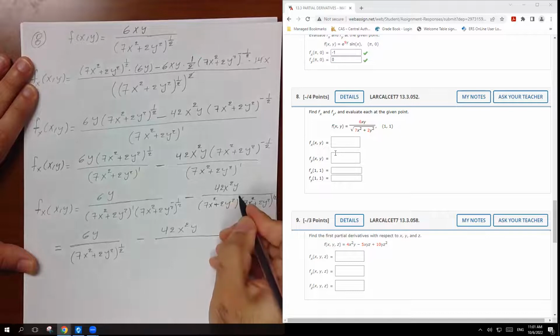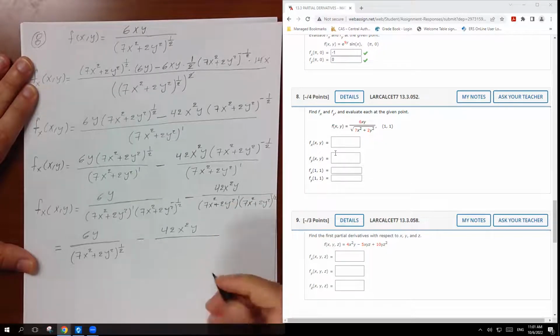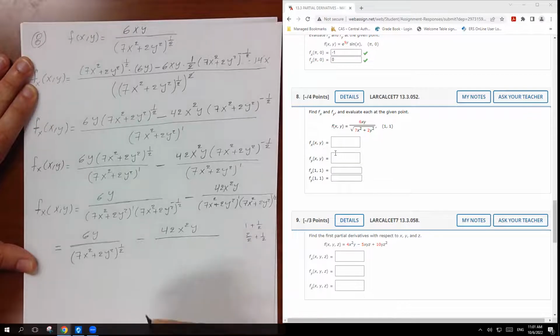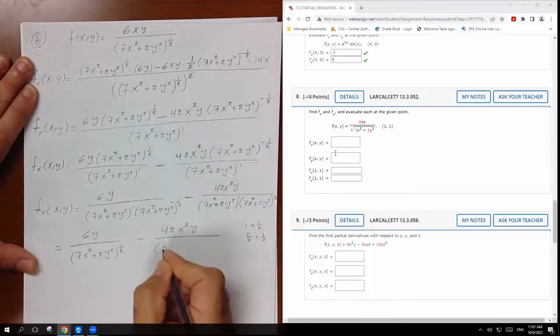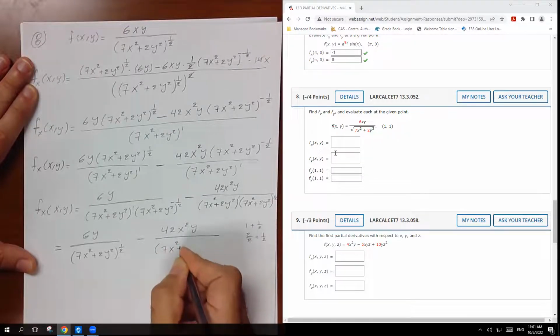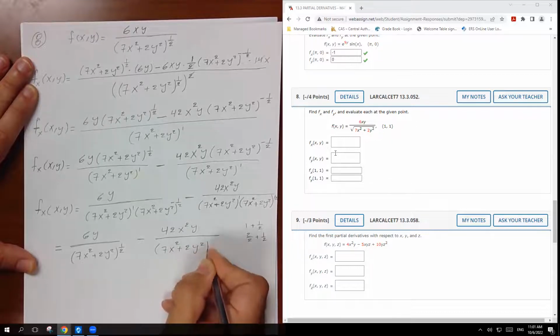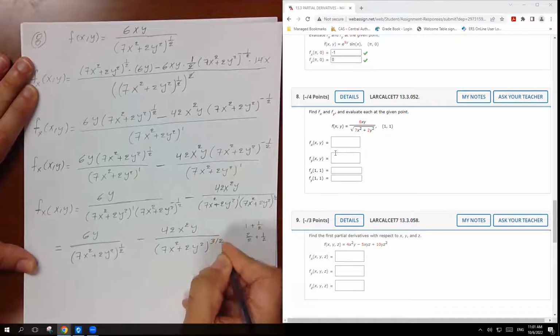This is 1 plus half, that's 2 over 2 plus half, which is 3 over 2. So here is 7x squared plus 2y squared to the 3 over 2.